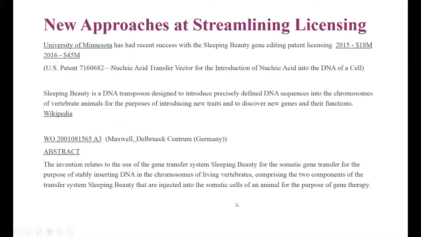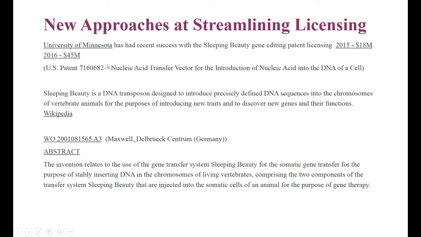There have been some new approaches at streamlining licensing in order to allow increased royalties. We'll talk first about the University of Minnesota, and then we'll talk about Penn State. The University of Minnesota has had some success with the Sleeping Beauty gene, the gene editing licensing patent. They made $18 million in 2015, $45 million in 2016.